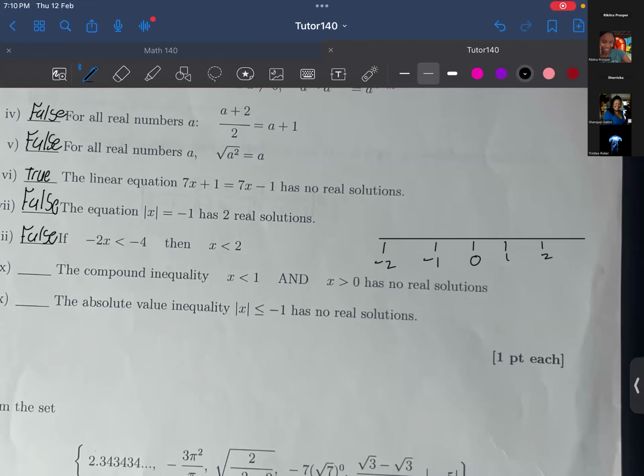It's saying x is less than 1, so open circle. And x is greater than 0. Well, that's false because it has solutions. It could be 0.1, 0.2, 0.3, up to 1. So that's false. It has real solutions.